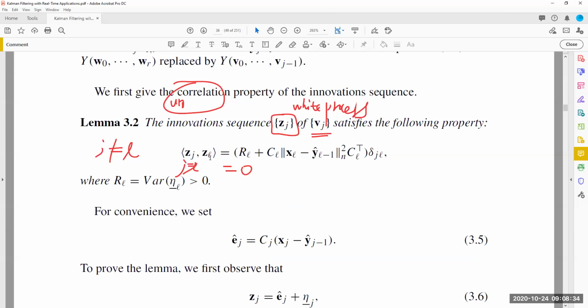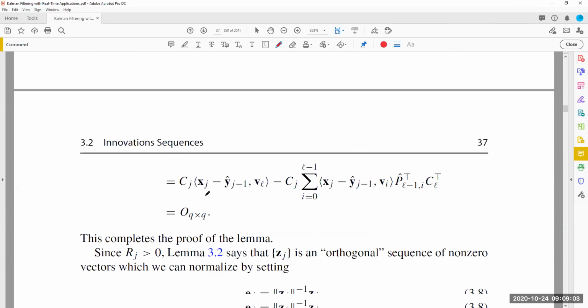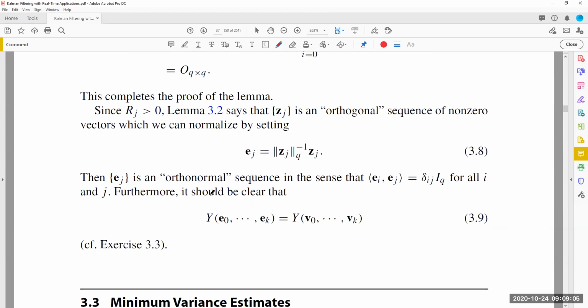So the variance of Zl is Rl, the variance of the observation noise, plus Cl, the observation matrix, times the covariance of Xl minus hat l minus 1, times Cl transpose. I will not discuss the proof. Let's go to the last part of this section.